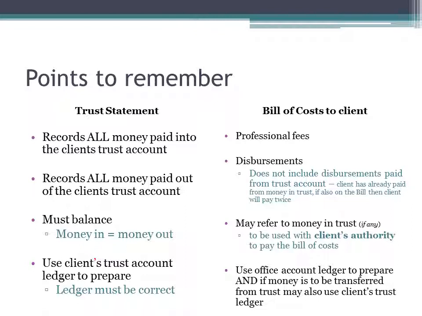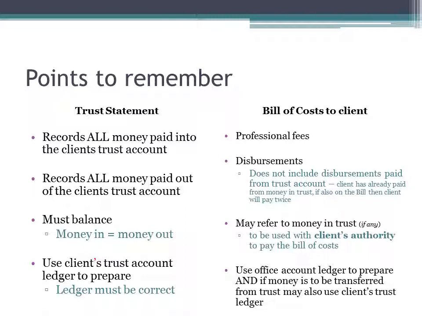Now, office account ledgers and trust account ledgers are used to prepare the bill of costs to the client, because you need to know what, if any, disbursements have or have not been paid for the client.